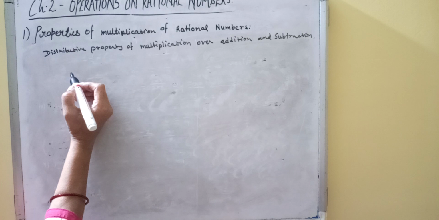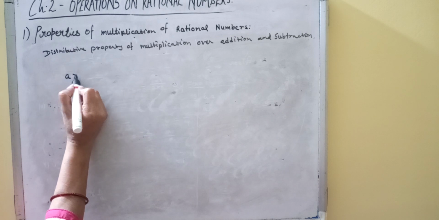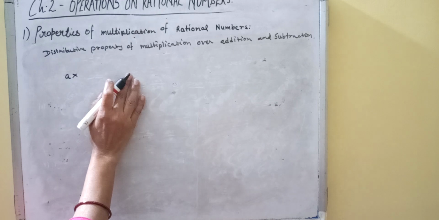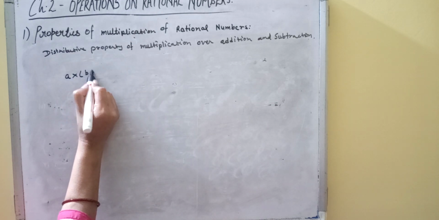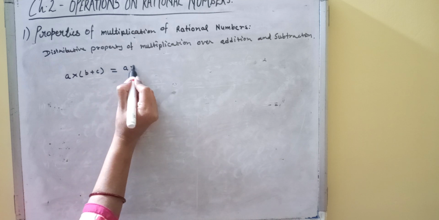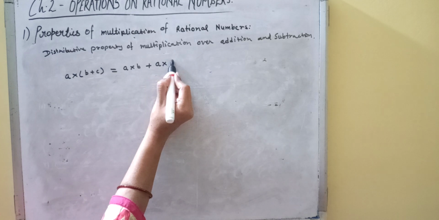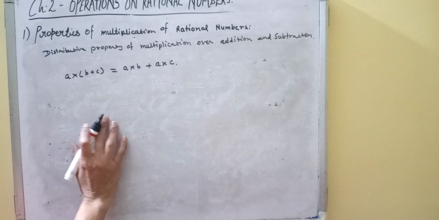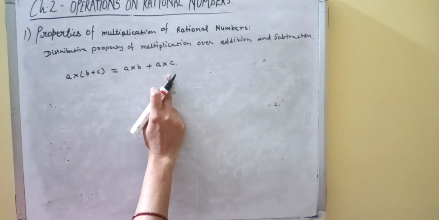That is, if a, b, c are three rational numbers, then a into (b plus c) equals a into b plus a into c. This is the distributive property of multiplication over addition.